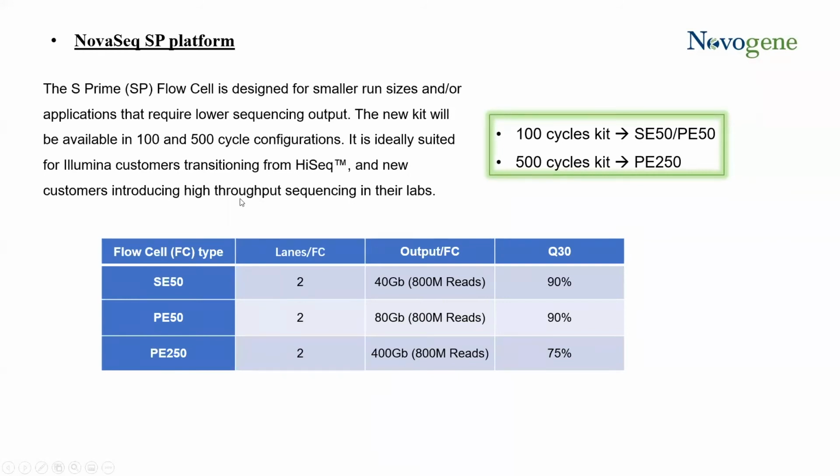So it's great to get started with your first toes into next generation sequencing. It's a good platform to get going. Having said that, the more commonly used one nowadays is the S4 chip. And on that, I would recommend partial lane sequencing.